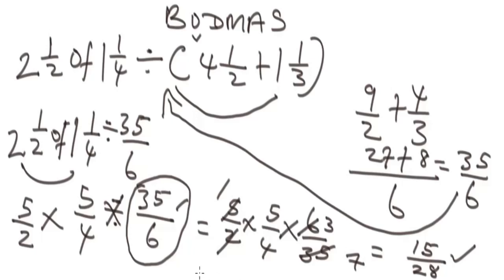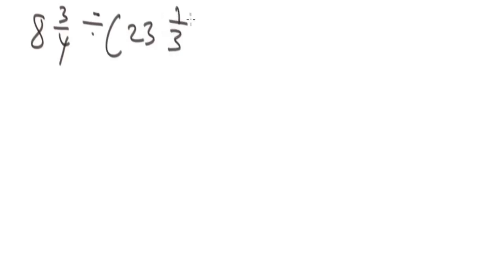So let's wipe this now and solve another problem. This time around, we are given 8 whole number 3 over 4, divide, in brackets, 23 whole number 1 over 3 of 1 whole number 1 over 2. And we are asked to simplify this fraction.